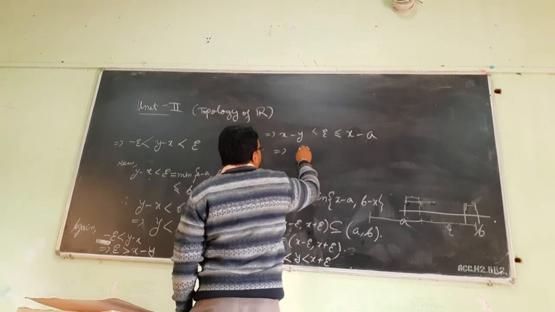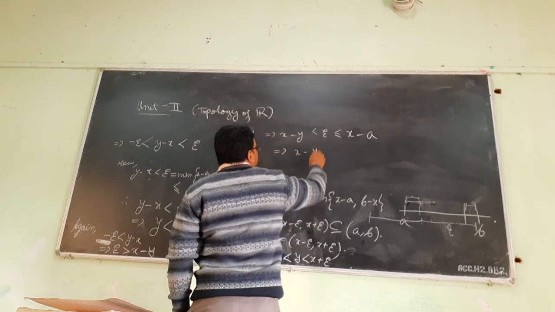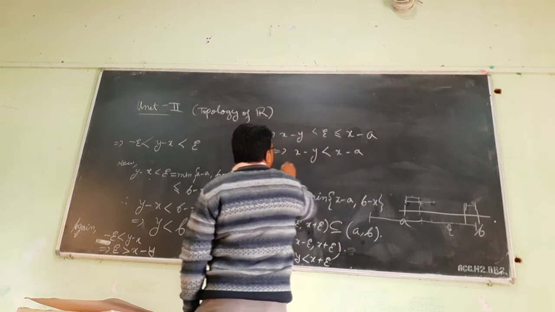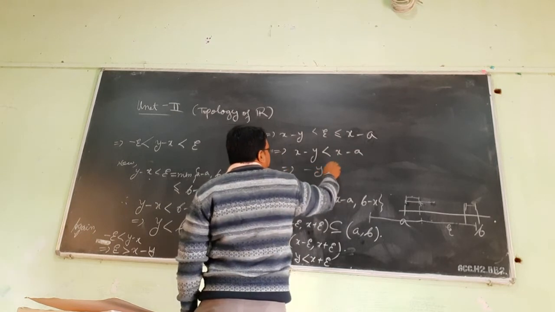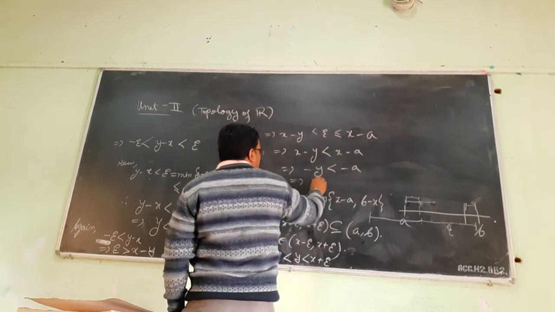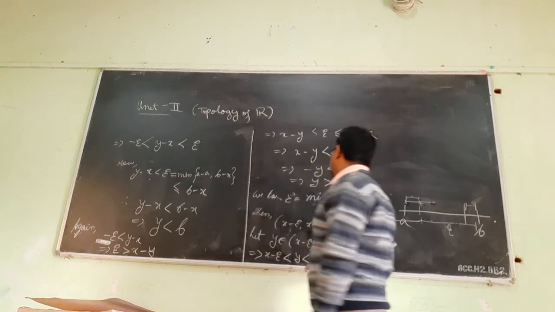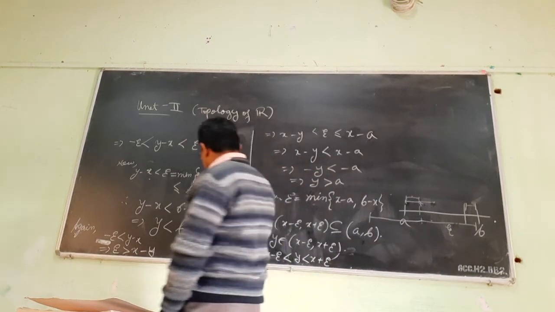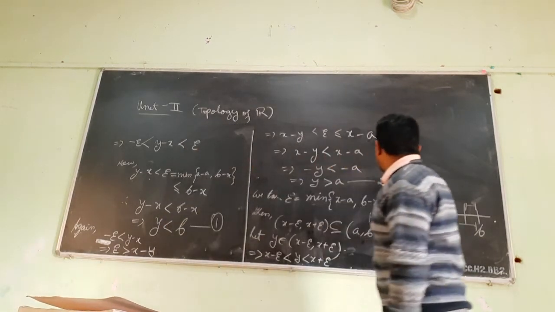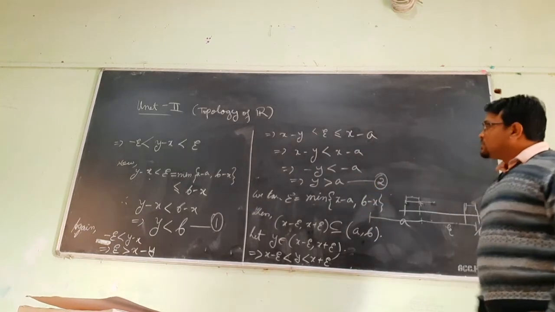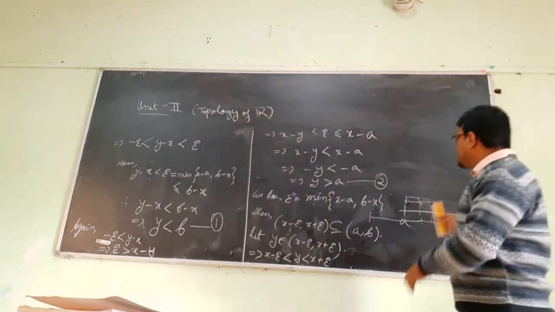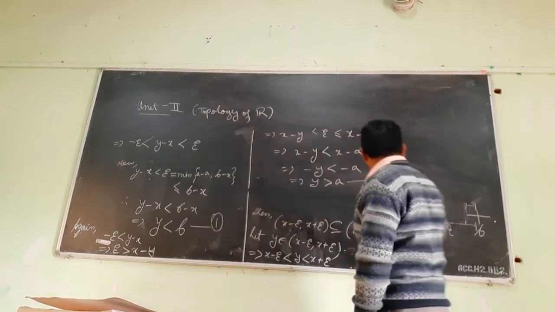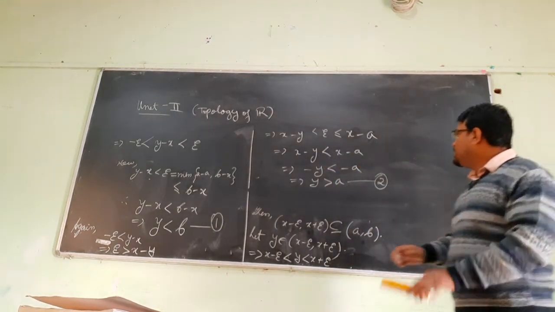So from here, what do I have? x minus y is strictly less than x minus a. So x gets cancelled, so minus y is strictly less than minus a. That is, y is greater than a. So what have I proved?